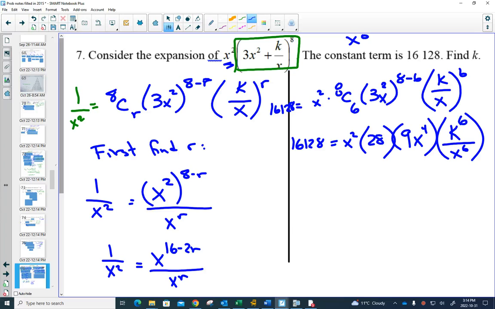Can you see that your x's successfully all cancel out? That's a feel-good moment. And then if I get the k to the 6 all by itself on the right-hand side, do you see that I would have to divide by 9, and 9 times 28?